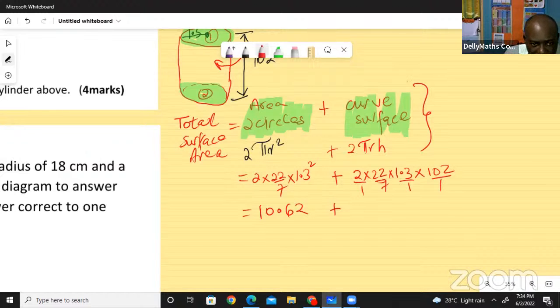The answer for that is 833.49. Let's add everything together: 10.62 plus 833.49. The answer is 844.11. This is area, so it is cm squared.